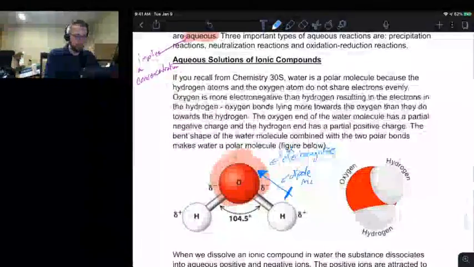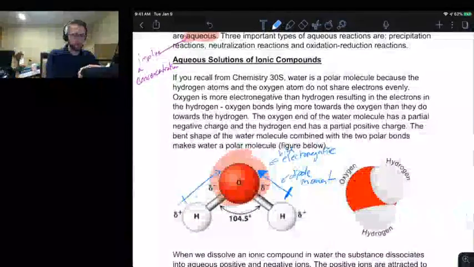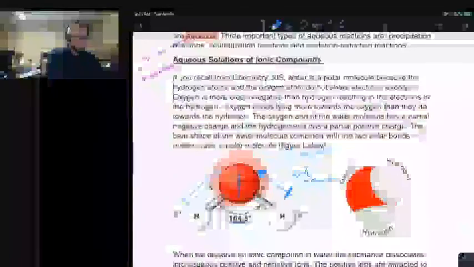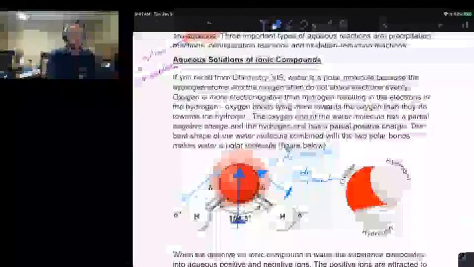And if you have multiple dipole moments, like in water, then you can actually use sort of a vector addition, just like we would in physics class, and we can take these two and add them together to show that there is a general dipole moment in this direction. And so this general dipole moment means that the electron density is very highly located at the oxygen end, and the hydrogens are essentially electron poor.